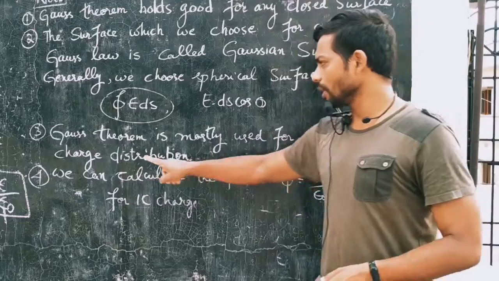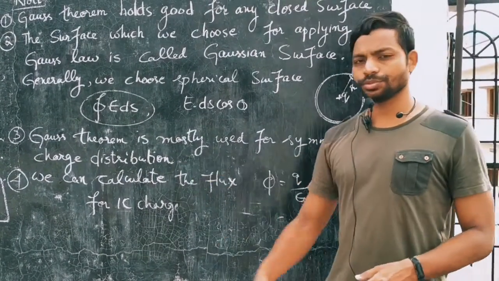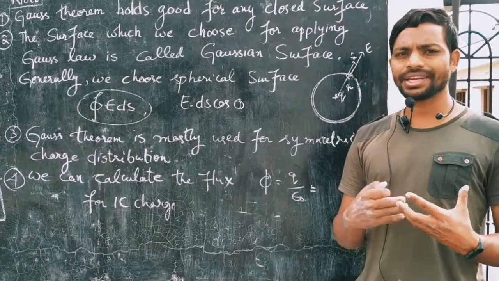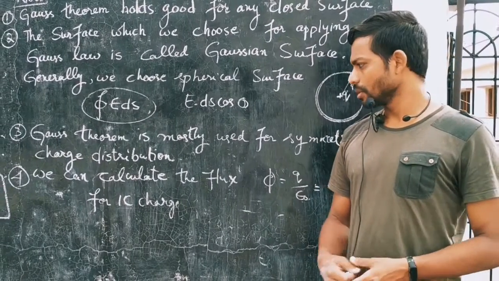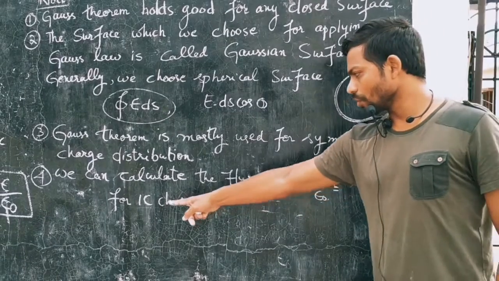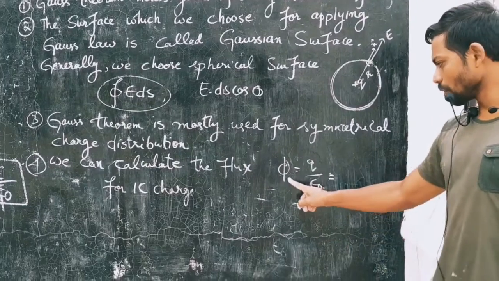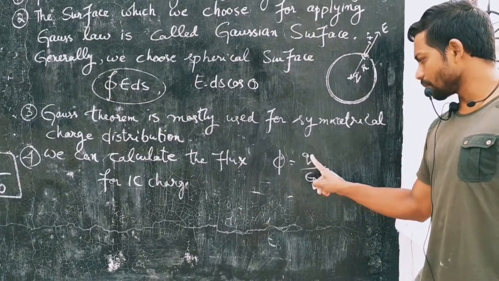Thirdly, Gauss theorem is mostly used for symmetrical charge distribution, which makes it easier to calculate. We can calculate the flux for 1 coulomb charge. It is also one of the applications. We know phi is given by Q by epsilon naught.